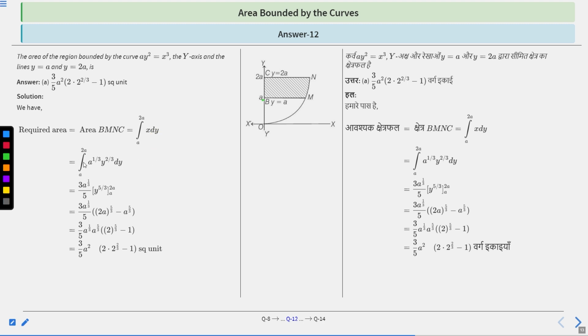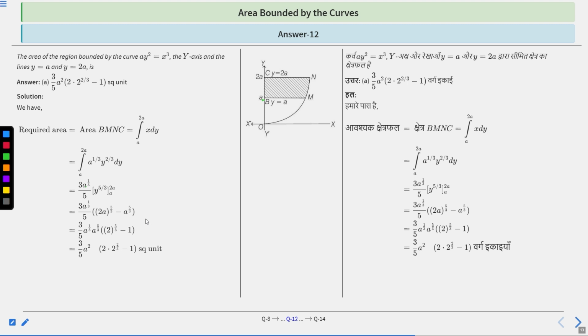Therefore, it will be equal to the integration from a to 2a of a to the power 1 by 3, y to the power 2 by 3 dy. We take a to the power 1 by 3 out. The integration of y to the power 2 by 3 dy will be y to the power 5 by 3 upon 5 by 3, which is 3 by 5. So 3 by 5 a to the power 1 by 3, with limits from a to 2a, which after solving gives 3a to the power 1 by 3 upon 5 times (2a) to the power 5 by 3 minus a to the power 5 by 3.